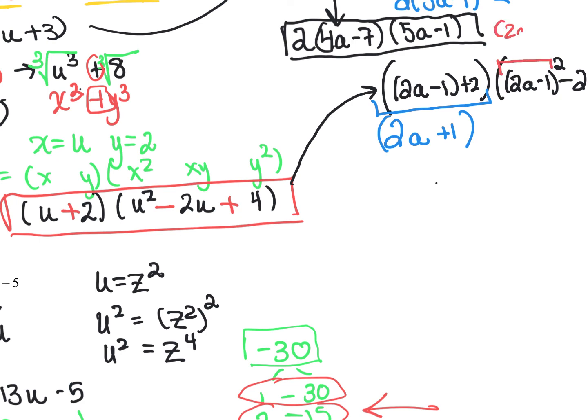I have to do 2a minus 1 times 2a minus 1, which is going to get me 4a squared minus 2a minus 2a plus 1, which is the same thing as 4a squared minus 4a plus 1.